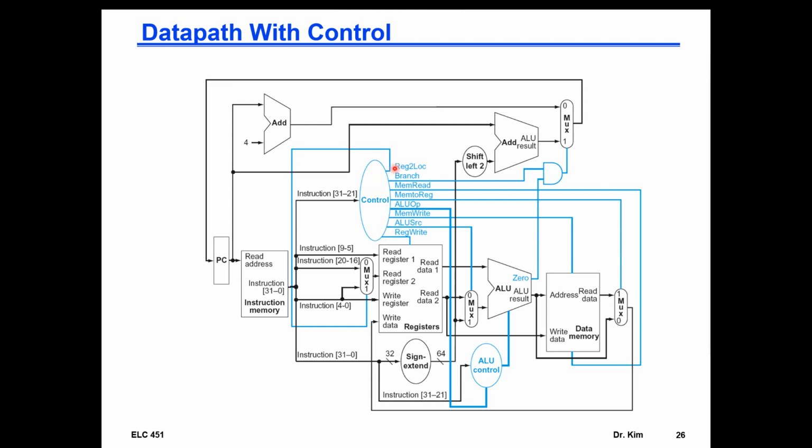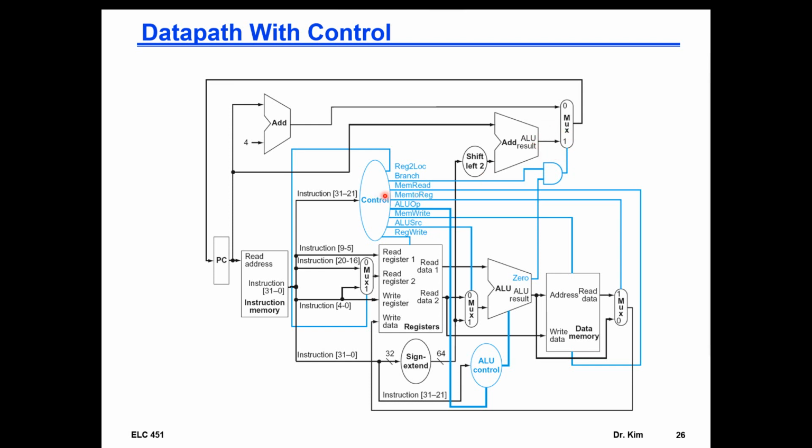As we mentioned, this is a data steering control for that MUX. Here we have the branch detection signal. So this basically is saying if we have a branch instruction and the inputs of the ALU subtracted are 0, then we're going to take the branch and we're going to steer the next value of the program counter to be the calculation of the branch target.